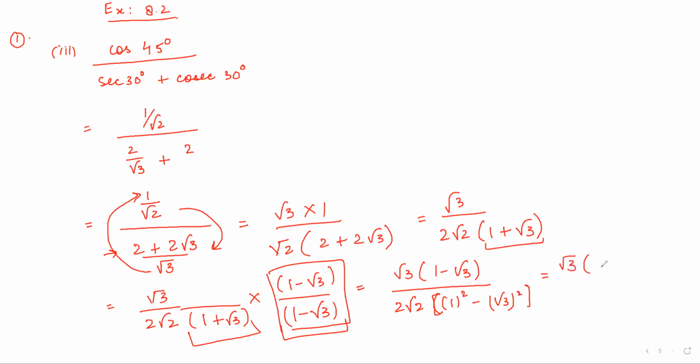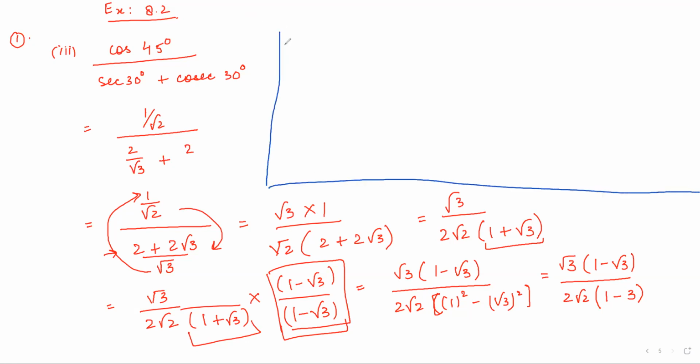So here I get under root 3 into 1 minus of under root 3 and then 2 under root 2, and this becomes 1 minus root 3 into root 3 is 3, right? Yeah, ma'am. Okay, now I'm doing it here. It's not very organized, but anyway.